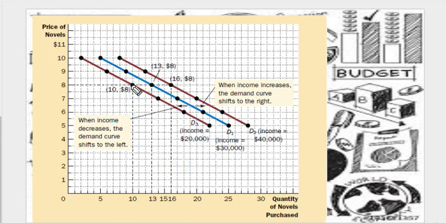What is the change from here to here in x? The change is 10 to 14, so the change is plus 4. From this to this, what is the change? From 8 to 7, minus 1.